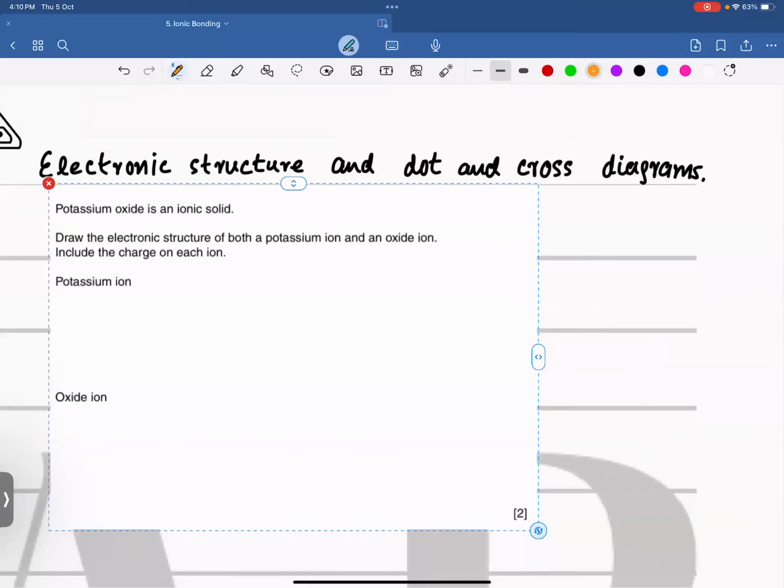So when potassium becomes an ion, what charge is that? If its atomic number is 19, take the help from this. +1. So draw the electronic structure for potassium and oxide ion.